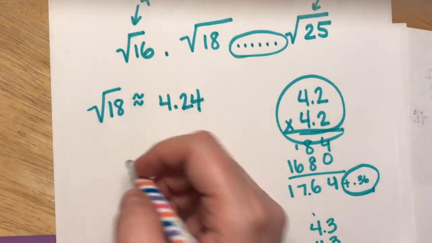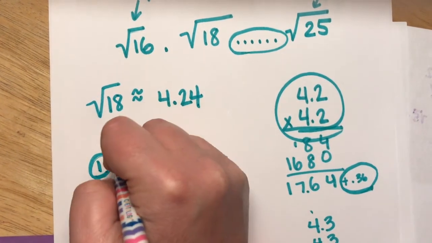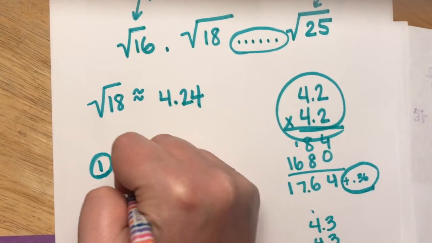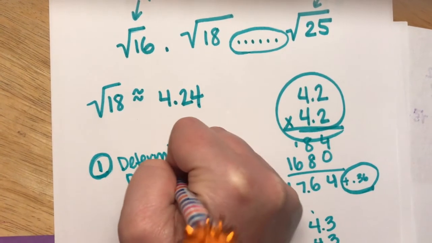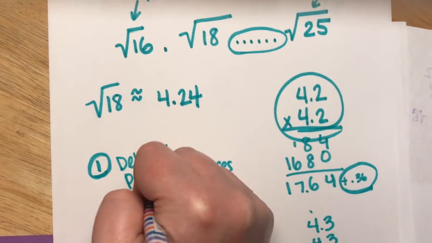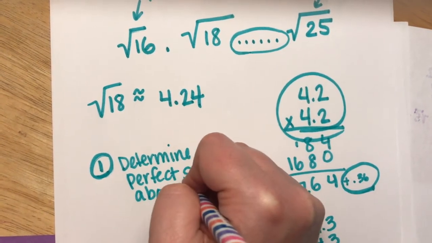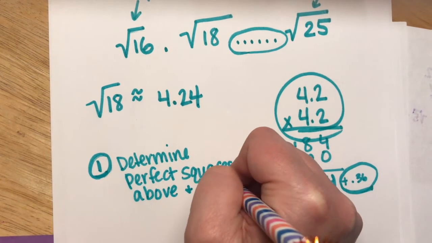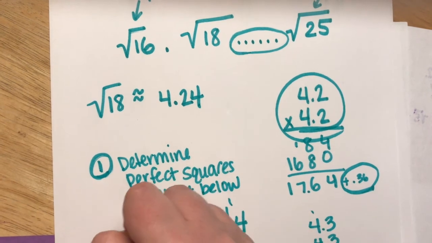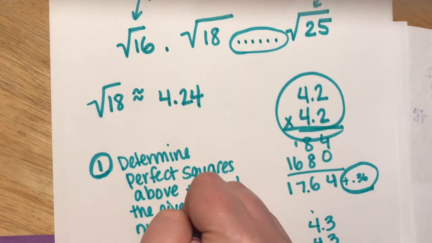So your first step is to determine perfect squares above and below the given number, right? Okay.